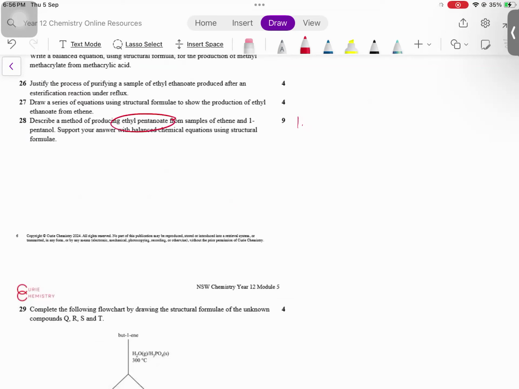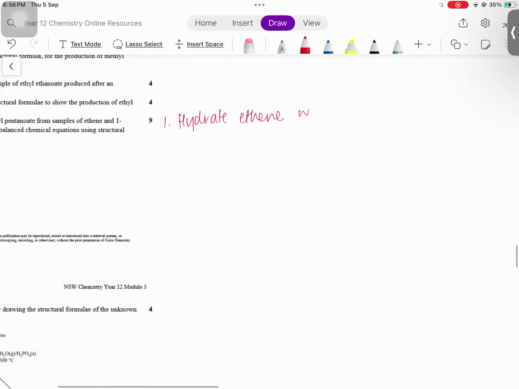So you're making ethyl pentanoate from ethene and 1-pentanol. Similar to 27, you need to hydrate your alkene to turn it into your alcohol. So we're going to hydrate ethene with water to produce ethanol.